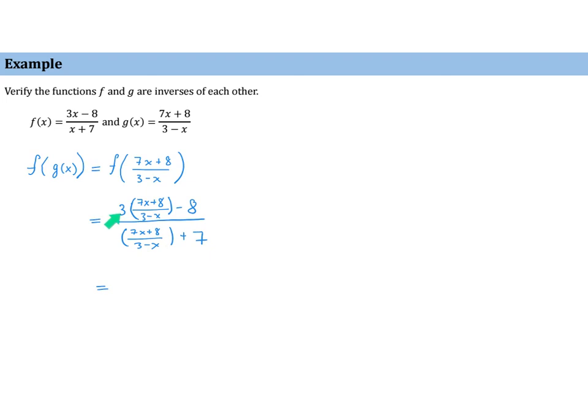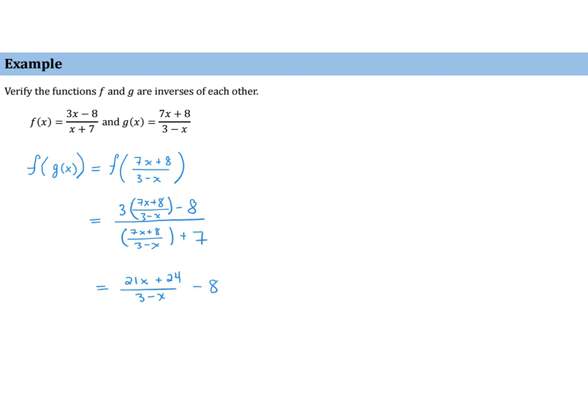So here in the numerator, I can take the 3 times, this is like 3 over 1, distribute that throughout the numerator, and we would get 21x plus 24 all over 3 minus x.